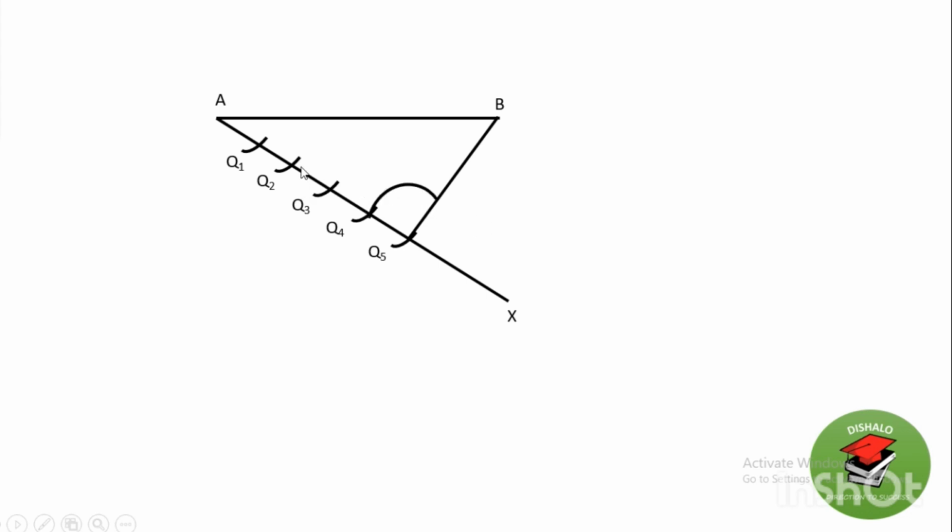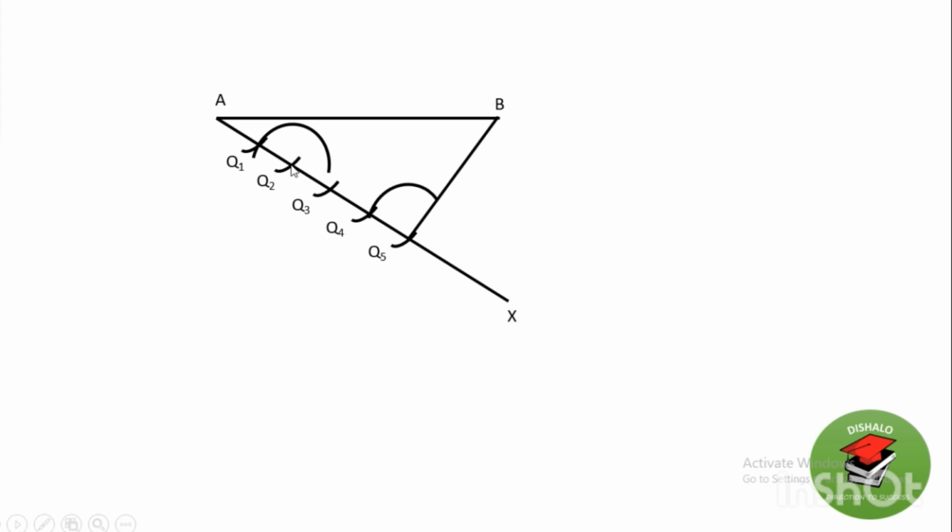Done? The same thing, keep the compass at Q2. Why? Because it was 2:3. That's why keep the compass at Q2 and draw an arc. Done? Now measure this angle with the help of the compass. Set the compass.